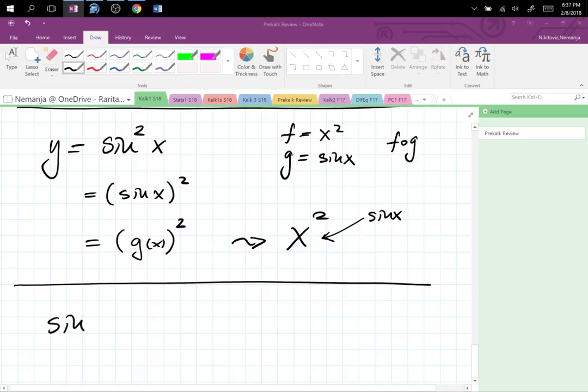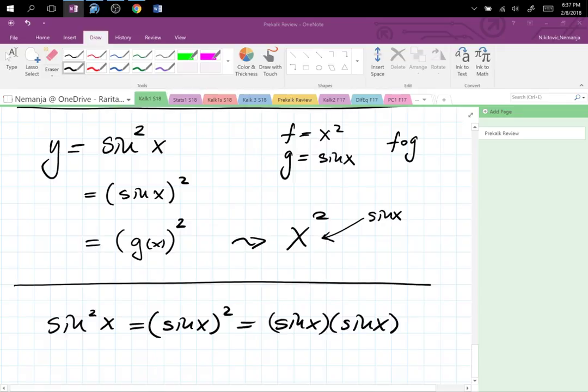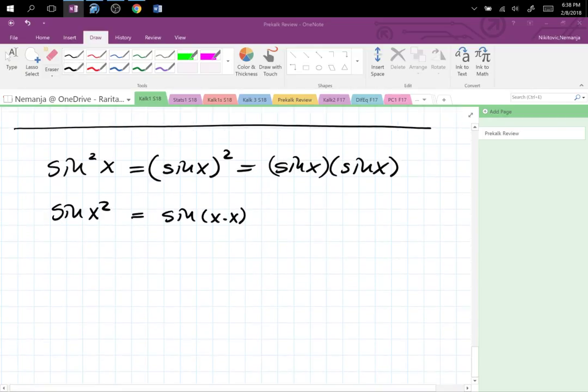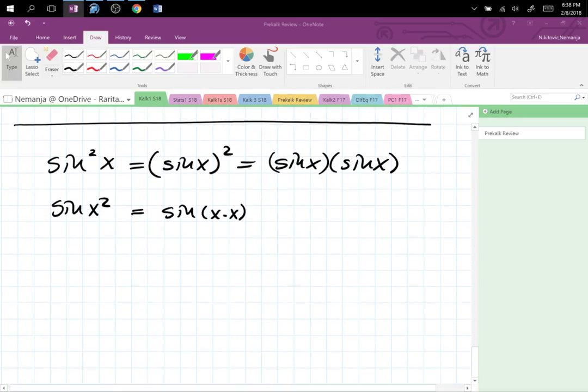When you write sine squared x, it is the same as sine x everything squared, the meaning of which is sine x times sine x. If you write sine x squared, the meaning of that is sine x times x. And they are much different creatures. So I'm just going to say these two are not the same.